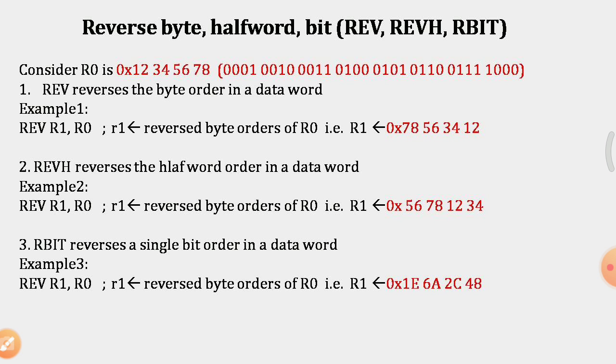That is, if we read the binary number R0 in a reverse way, the LSB has become MSB and the MSB has become the LSB. In that way, if we read, then that value will be 1E6A2C48.